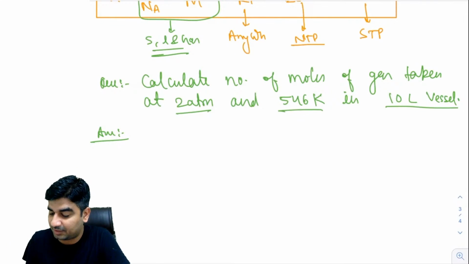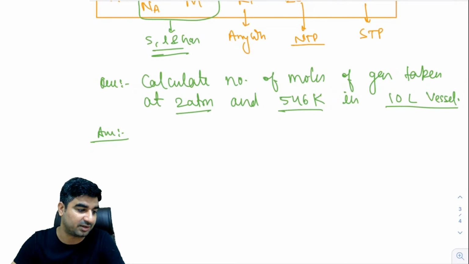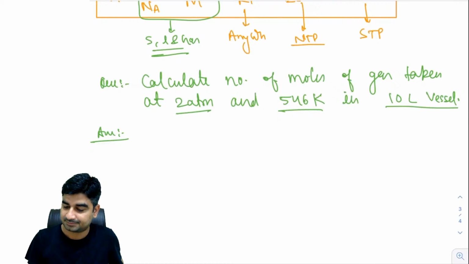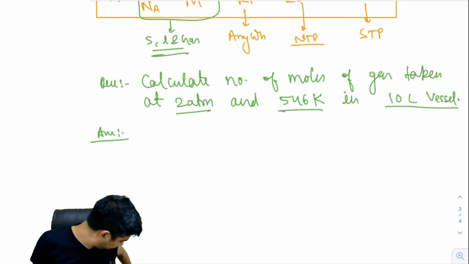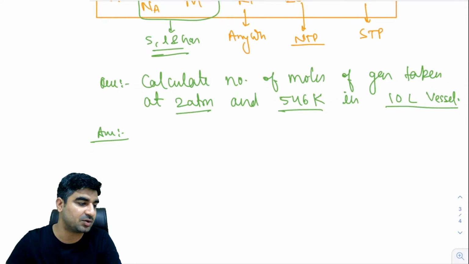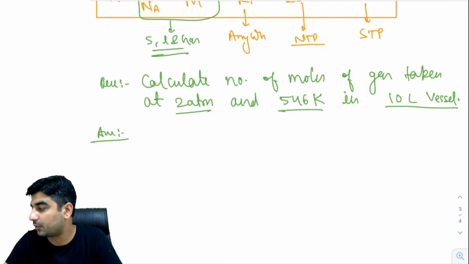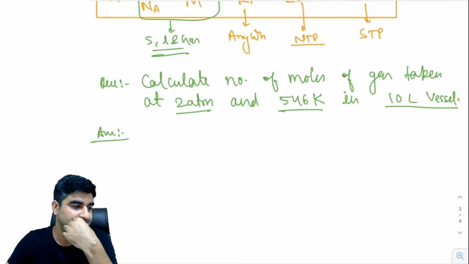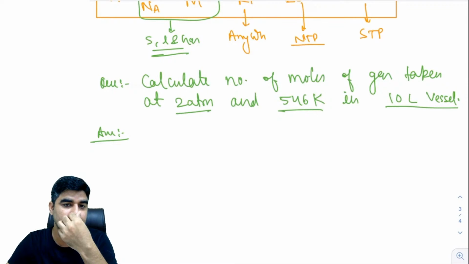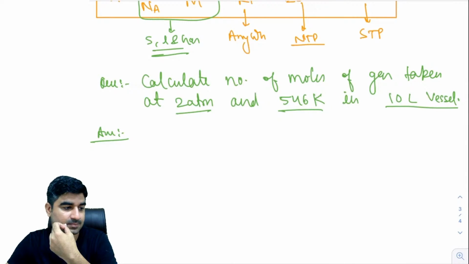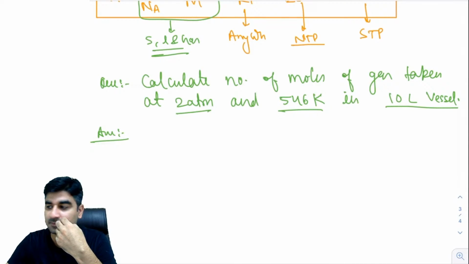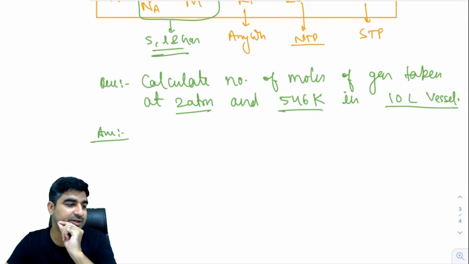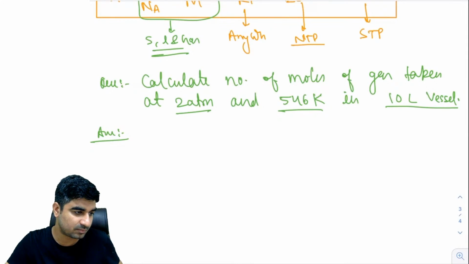I have given you the pressure and temperature, so you have to apply PV is equal to nRT. Yes, solve it.